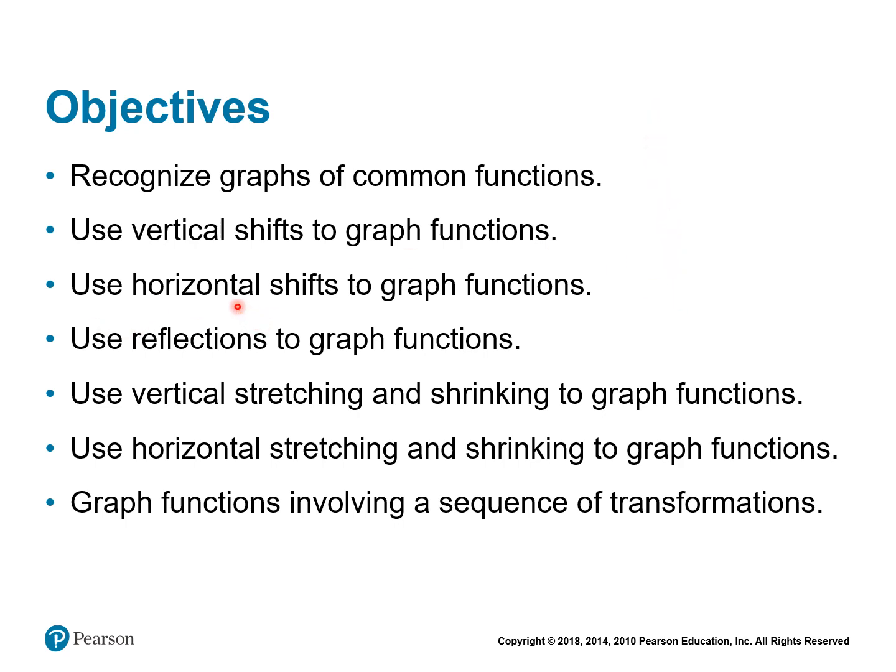Likewise, we should also be able to recognize when a graph would slide to the left or right along the x-axis, which means horizontal shifts. Horizontal means left or right, correct? So we should be able to recognize by looking at the equation whether the graph is going to slide left or right along the x-axis.